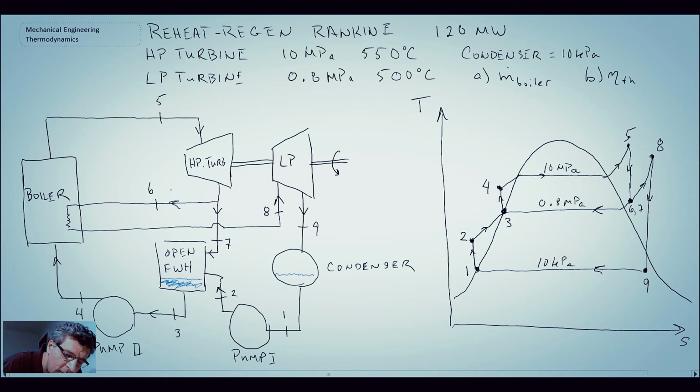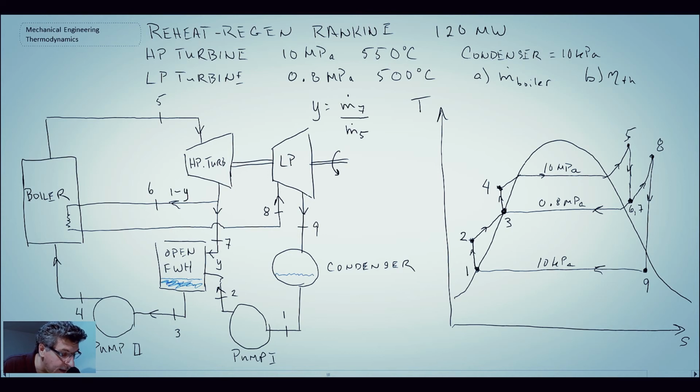One I will denote by 1 minus y, and the other by y, so y is going into the open feed water heater. We define y as m dot 7 divided by m dot 5, where m dot 5 is the mass flow rate through the boiler and m dot 7 is the amount we strip off and send through the open feed water heater.